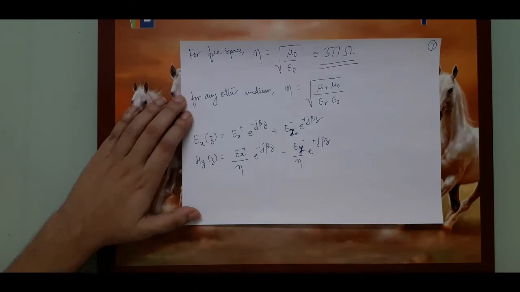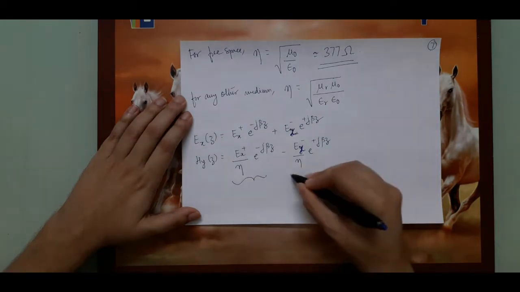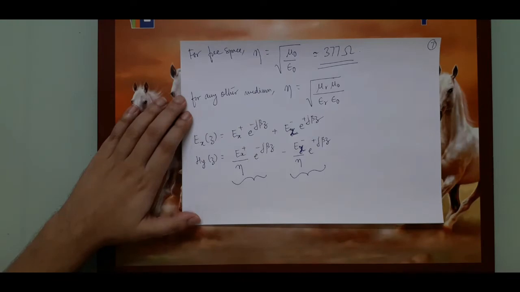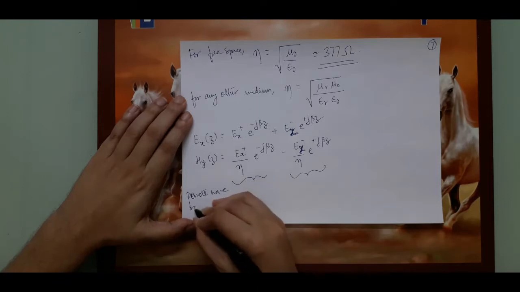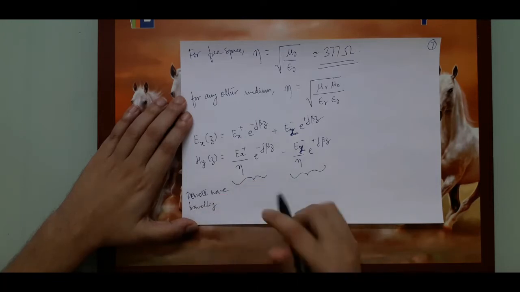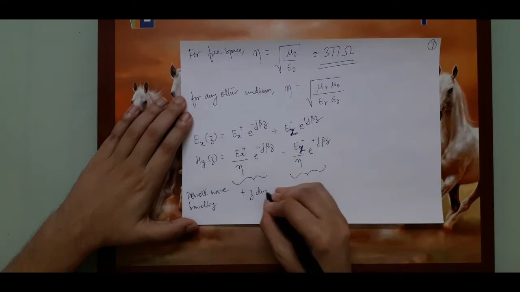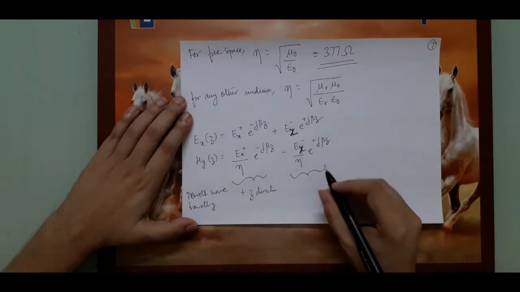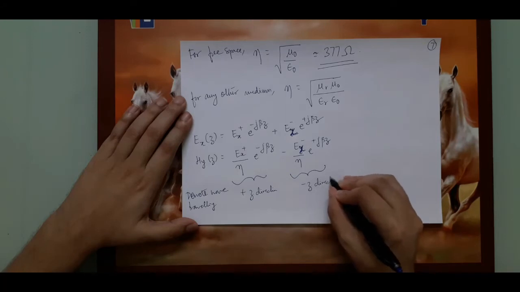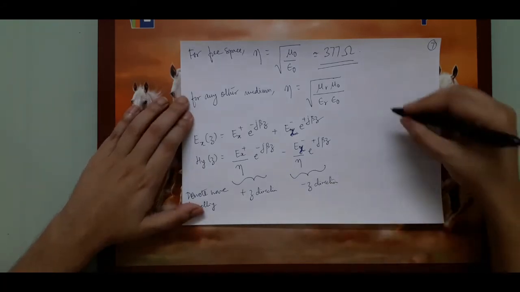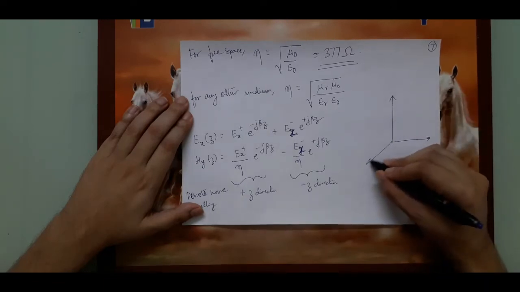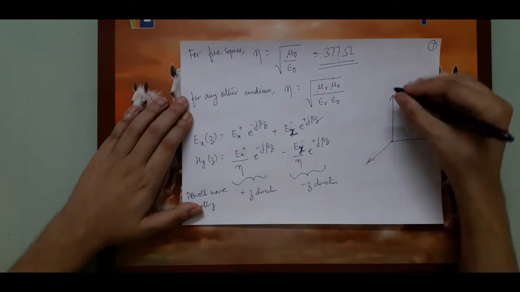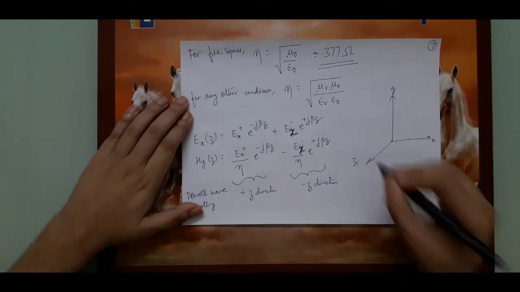So what can we say? This and this denote wave traveling in the plus z direction, and this denotes the wave traveling in minus z direction. So what is happening if I am drawing the three axes? As you know, this is x, if this is y, then this is z.